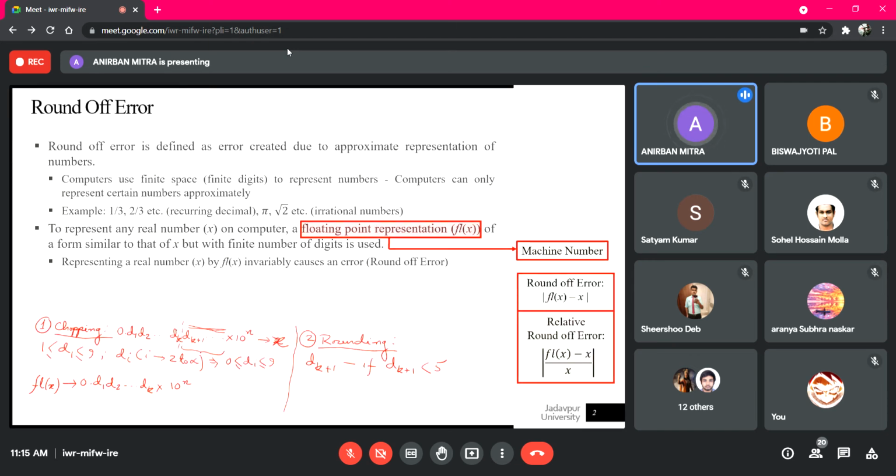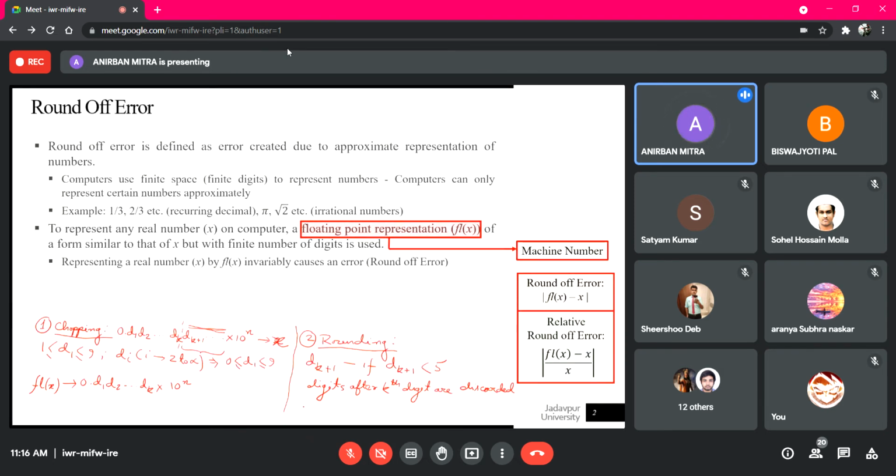That means what we did in chopping is repeated. So digits after the kth digit are discarded. Simply discard. There is no change in the first k digits.